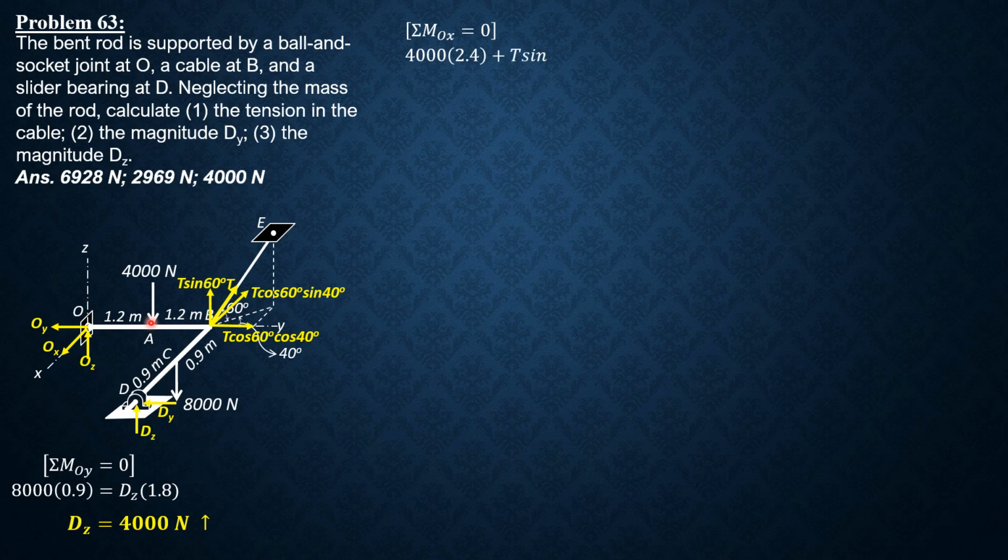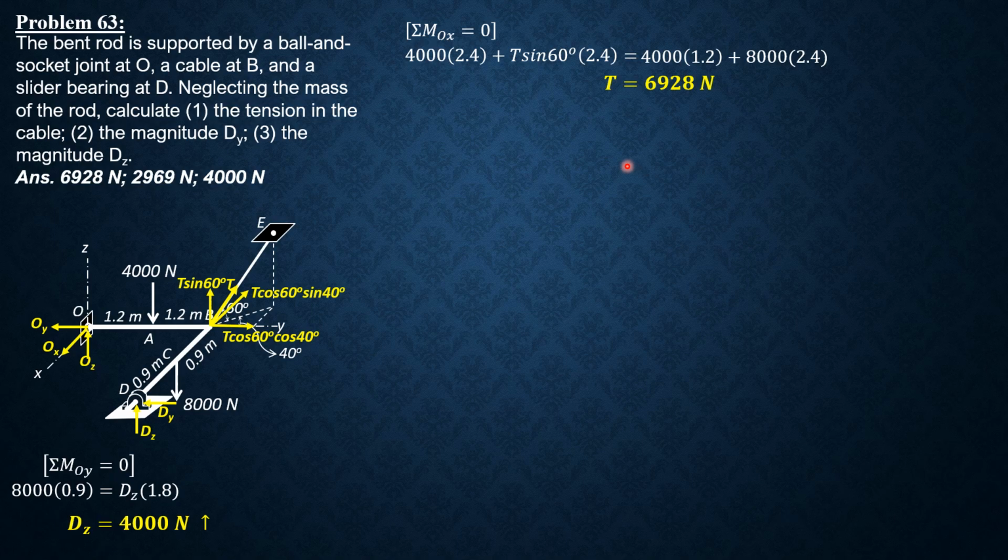So 4,000 times 2.4 plus T sine 60, dz is 4,000, take note, times 2.4 equals 4,000 times 1.2 plus 8,000 times 2.4. So we can now solve for the tension. The tension is 6,928 to 4 significant figures.